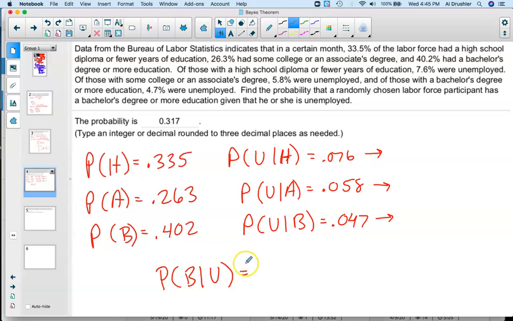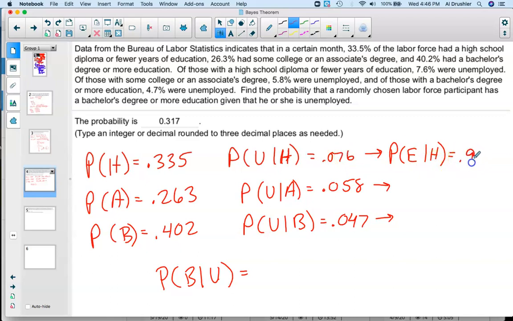Now sometimes they ask for the probability of bachelor's given employed, so you'll need to figure out some of these other conditional probabilities, because these are all going to have to be employed. I'm just going to mention that now. This one doesn't, but if you had to find the probability employed given high school, it's just 1 minus 0.076. It is the complement, so that would be 0.924.